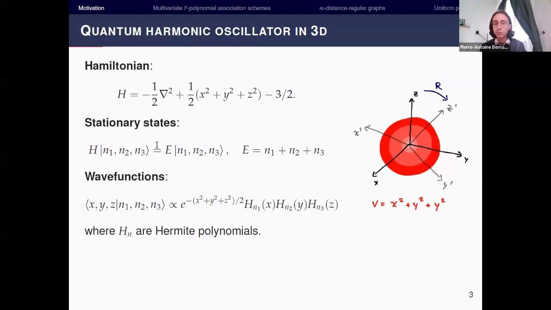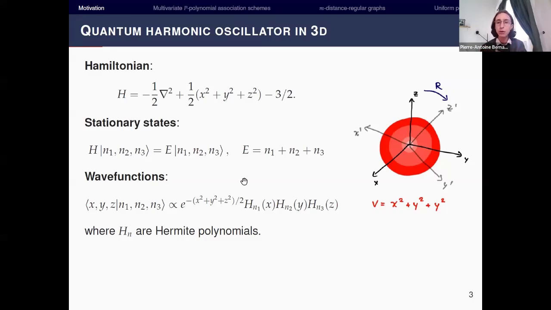If you do it by separation of variables in Cartesian coordinates, you find that the wave functions that satisfy this equation are a product of three Hermite polynomials.